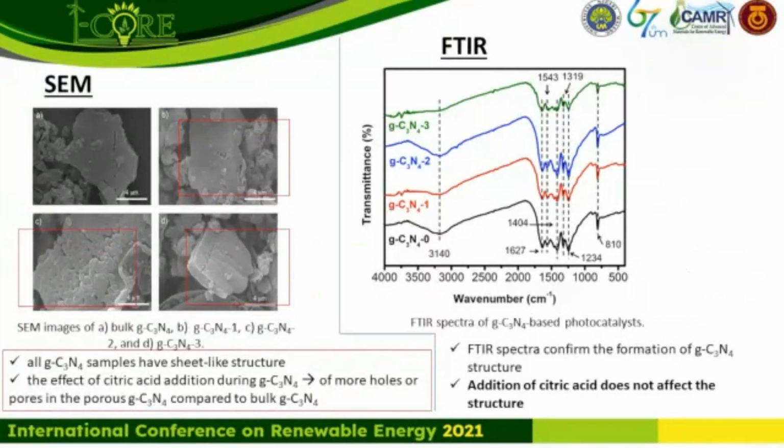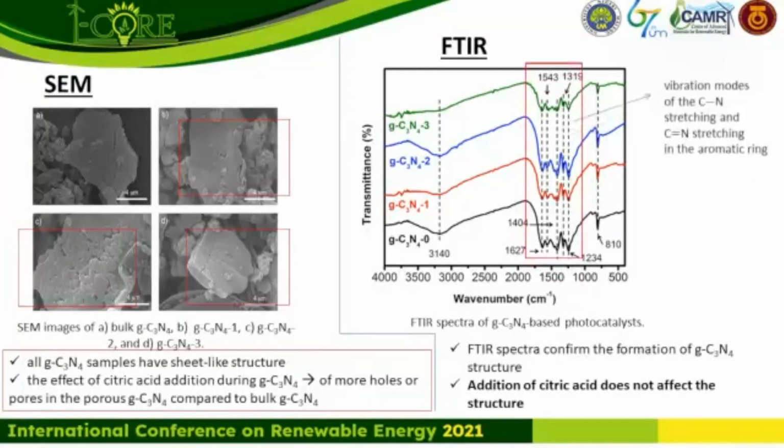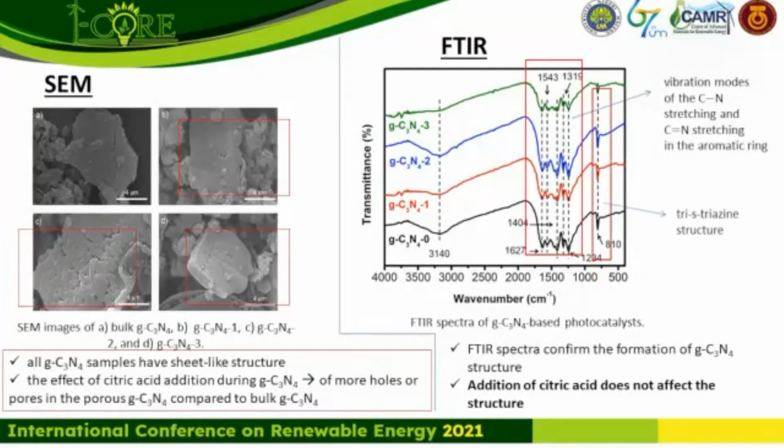The effect of citric acid addition during graphitic carbon nitride synthesis shows more holes and pores in the porous graphitic carbon nitride compared to bulk graphitic carbon nitride. FTIR spectra confirm the formation of graphitic carbon nitride structure. Addition of citric acid does not affect the structure.